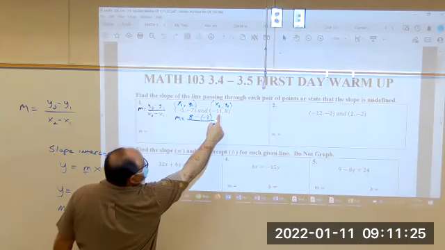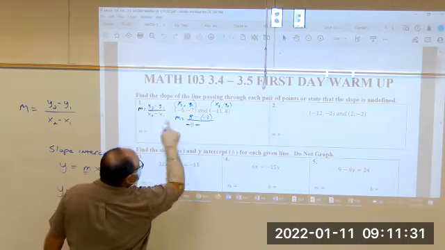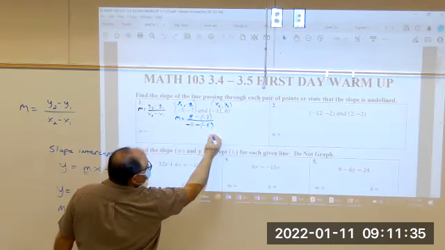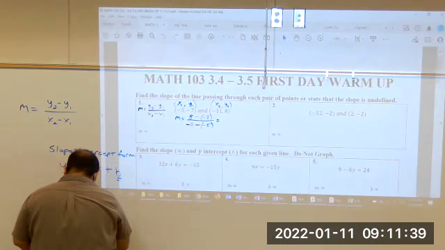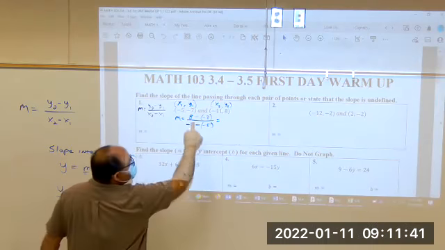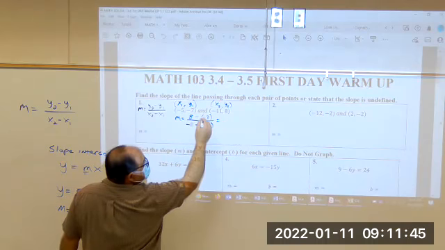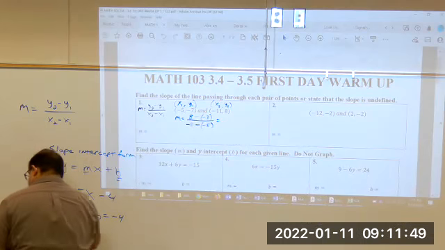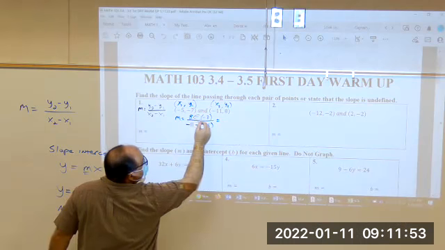Over this x -11 minus this is a -5, so minus parentheses -5. Now, when you have two consecutive negatives, minus a negative, that becomes a positive.